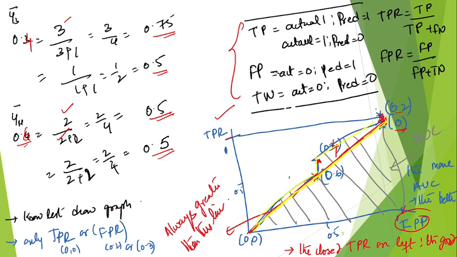The part below this line is called the AUC, area under curve. The more AUC, the better, because the more area under the curve you have, the better it is. So do remember, you get that AUC with the graph.